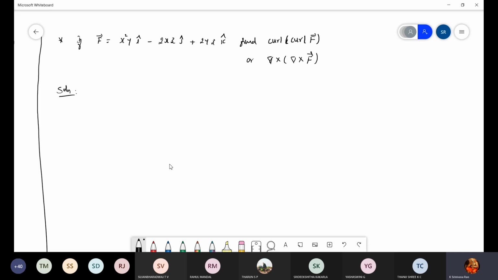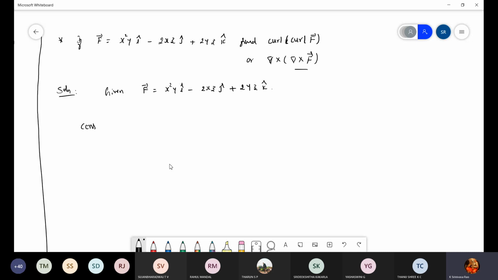Yes. Do it the same way. Given f equals, first write the vector. Given f equals x square y i cap minus 2xz j cap plus 2yz k cap. First calculate this curl f.